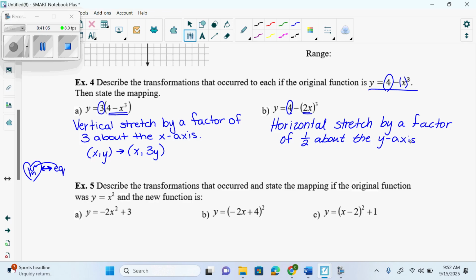Now if I go from words to mapping, they're in a heart. That number stays the same, right? So in words I'm using a half, so in mapping I'm going to use a half. In words and mapping, they're in a heart. But for words I use a half, mapping I use a half. Okay? So it's going to be x, y becomes 1/2 x comma y. I could have gone from equation to mapping. If equation is a 2, mapping would be a half, right? They flip, they're over that double-headed arrow. Yeah?